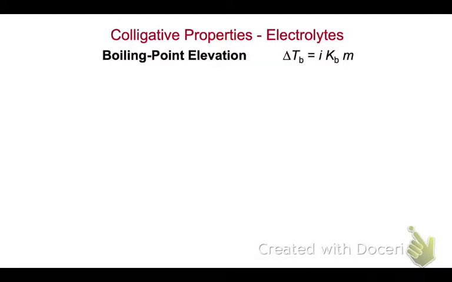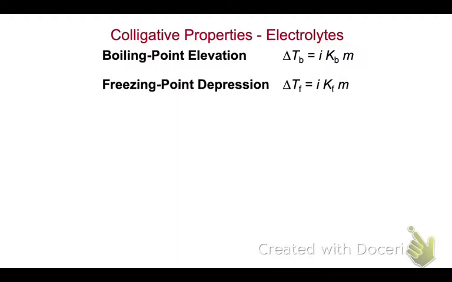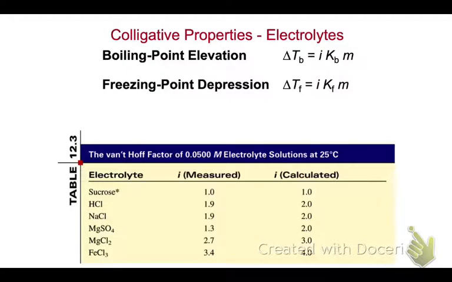Since I need to take the number of particles into account when I address colligative properties, I need to incorporate i in all of my equations, specifically for boiling point elevation and freezing point depression, okay?